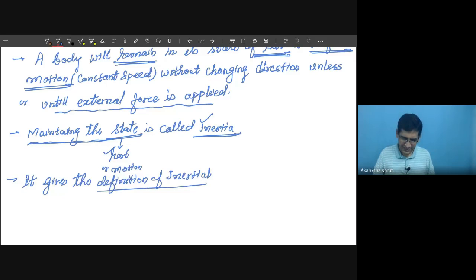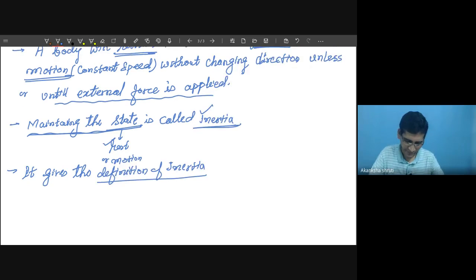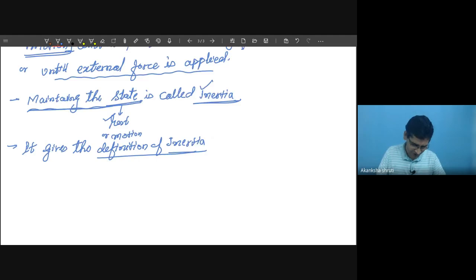Now this inertia can be for rest or can be for motion. So we can define these two or three things basically. Two are important. One is called inertia of rest, and the other is called inertia of motion.